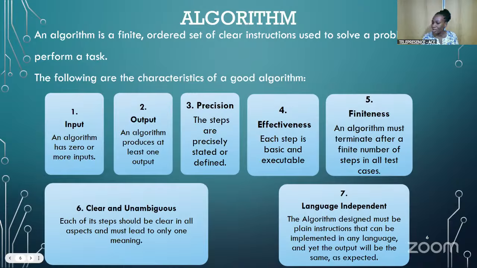No. When we are talking about independence, that means that thing can do without another thing. So your algorithm must be language independent. It must not depend on a particular language. It must not follow a particular programming language syntax. So your algorithm must be in plain instructions that can be carried out or implemented in any language. I hope we are together and we are getting it.